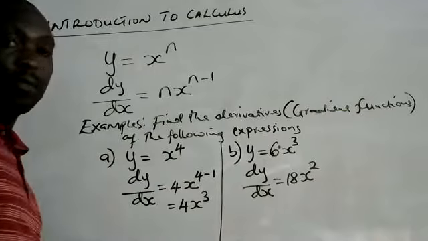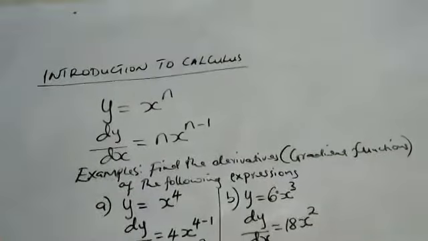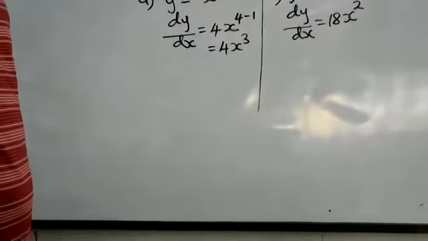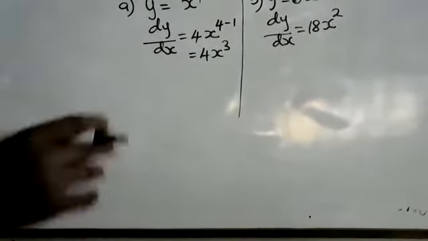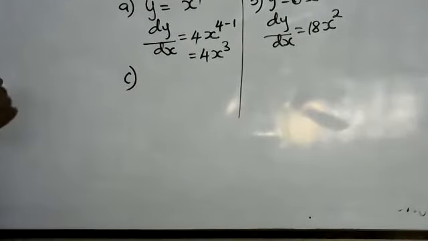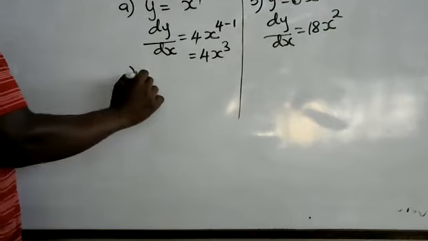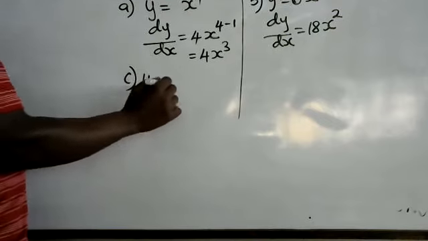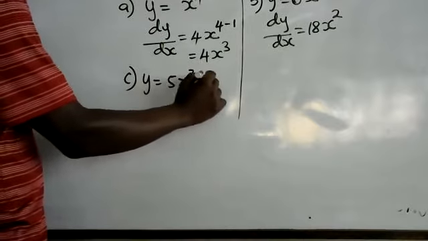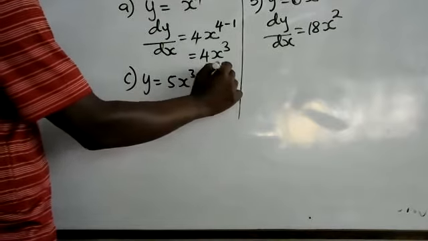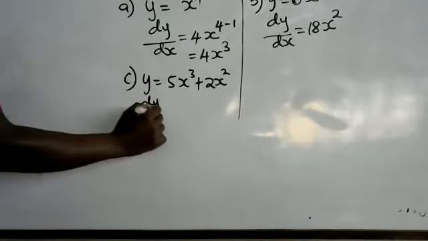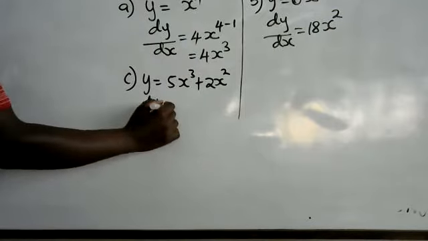So if we have example C, which says that y is equal to 5x power 3 plus 2x power 2, how do you get the derivative, which is dy over dx?